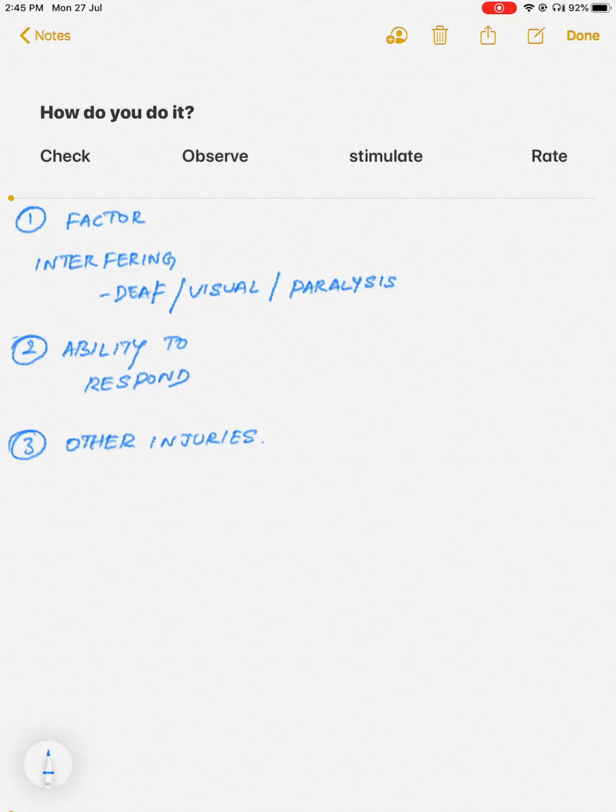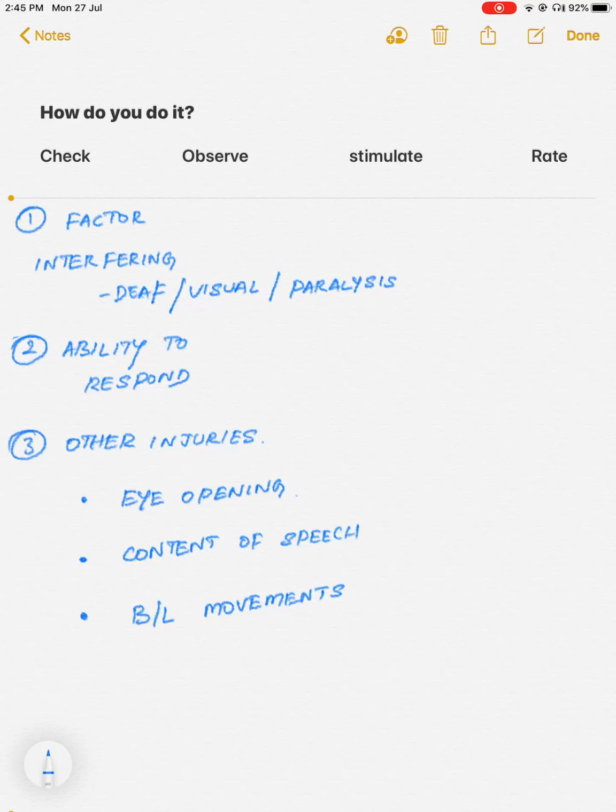While observing, we have to note his eye opening, as I said earlier, then the content of speech, how intelligent or how appropriate his speech is. And thirdly, we have to observe whether movements are there on both sides. So bilateral movements have to be taken into consideration.